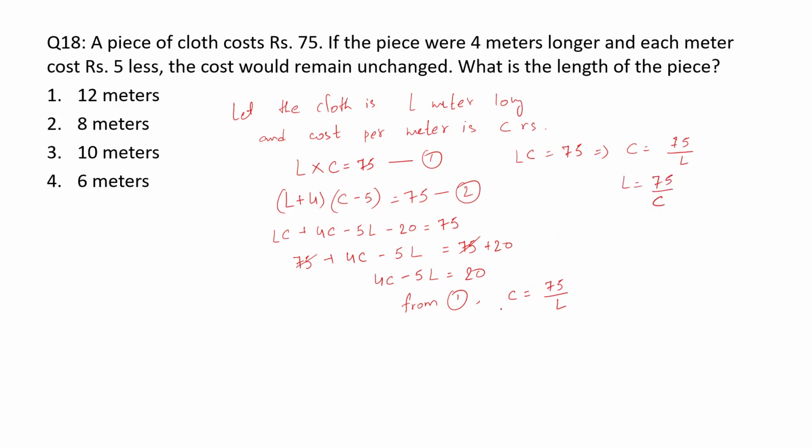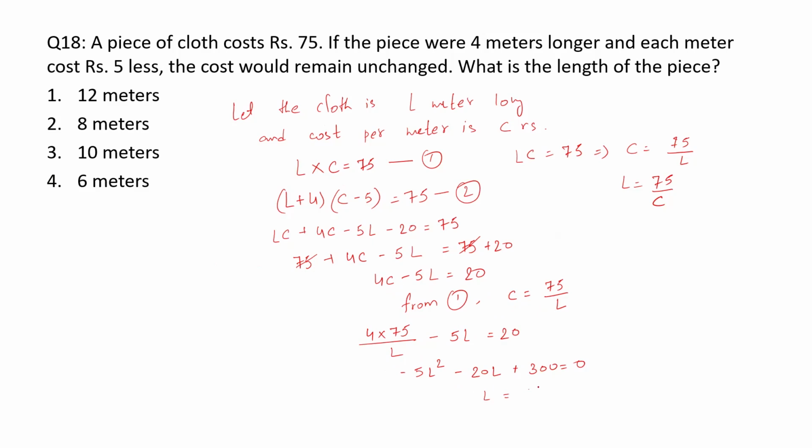Anything is okay. So I'm replacing C by 75 by L. So 4 into 75 upon L minus 5L is equal to 20. Oh sorry, this is a minus sign. I'll do a little manipulation. So you will have minus 5L square minus 20L plus 300 is equal to 0. So this is a quadratic equation. It will have two roots.